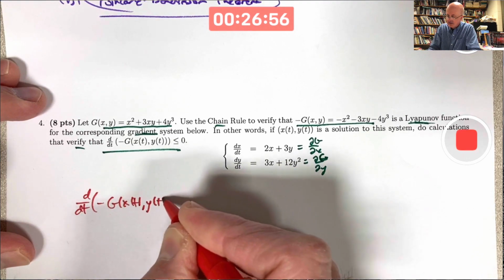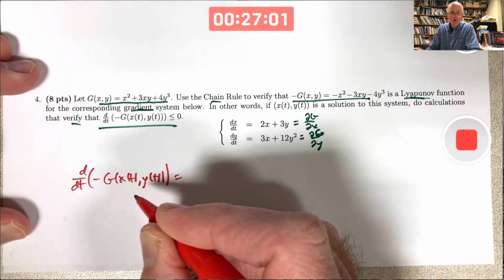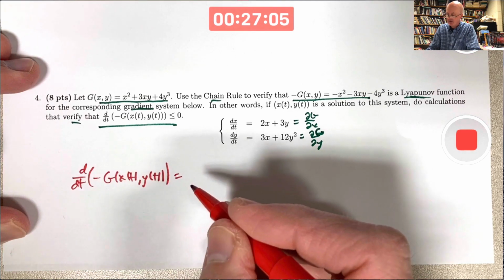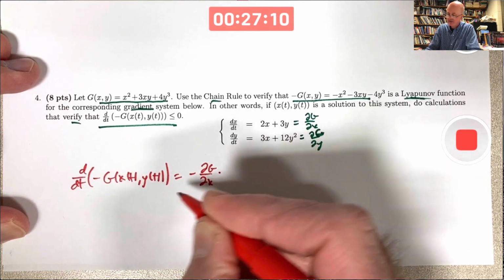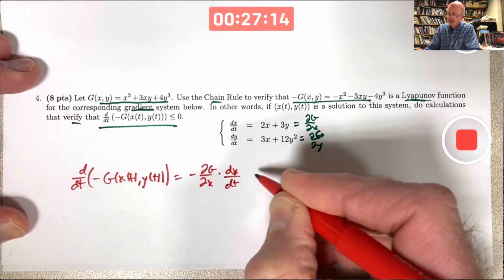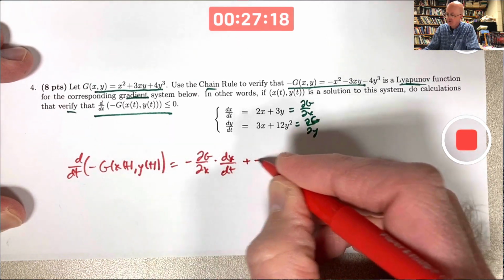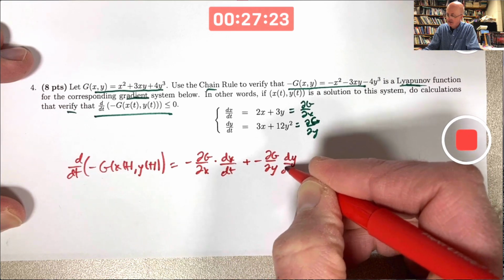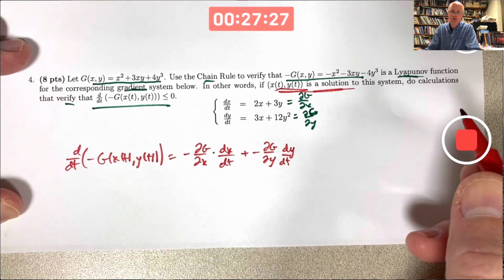In this context, it would say, take the partial derivative of this function, negative g, with respect to x first, and then multiply that times dx dt, and then add the partial derivative of this function, negative g, with respect to y, times the derivative of y with respect to t. I am assuming this thing is a solution.